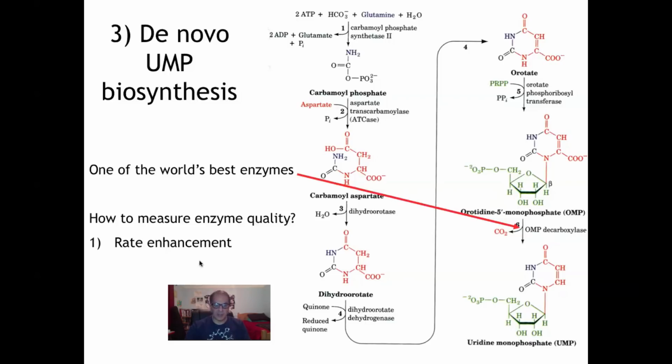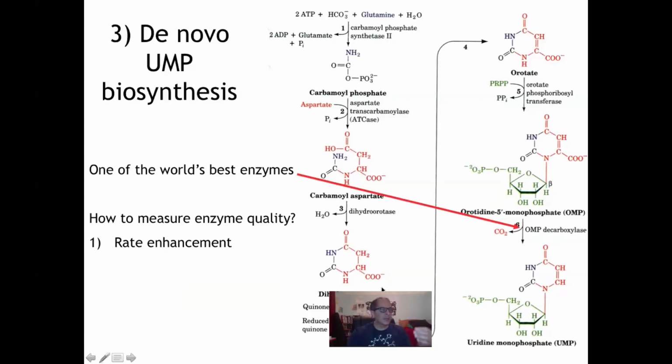We've talked about it earlier in this quarter. Rate enhancement is simply the kcat for an enzyme divided by the knon. Okay, the kcat, or the turnover number for the enzyme, divided by the first order reaction rate for the uncatalyzed reaction, knon.